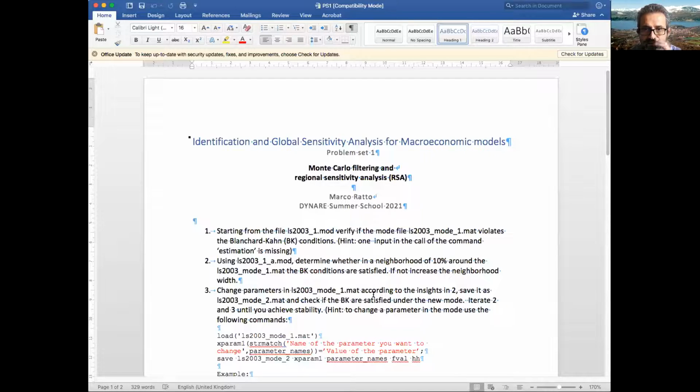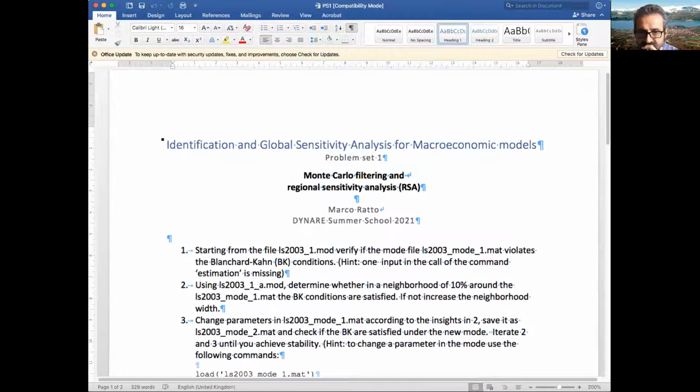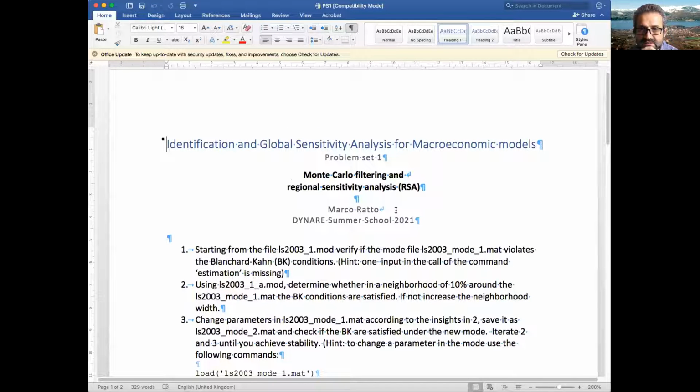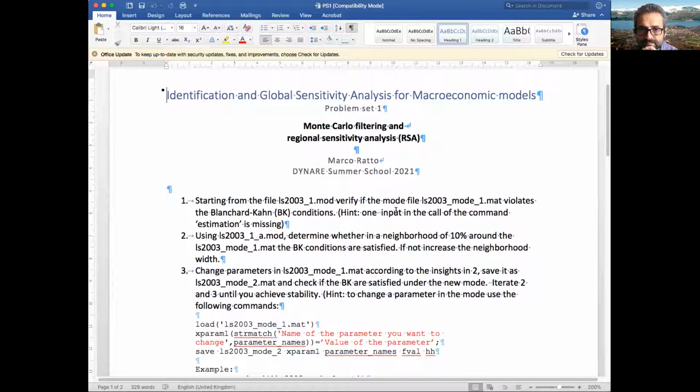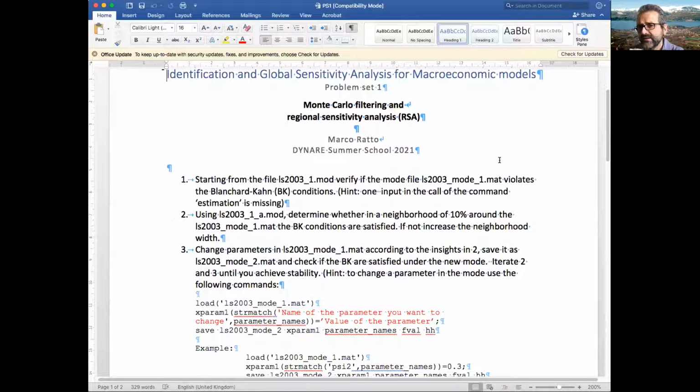So I opened the Word document, now I share it. I hope you can see it. This set of exercises tries to put you in situations where you need the toolbox.